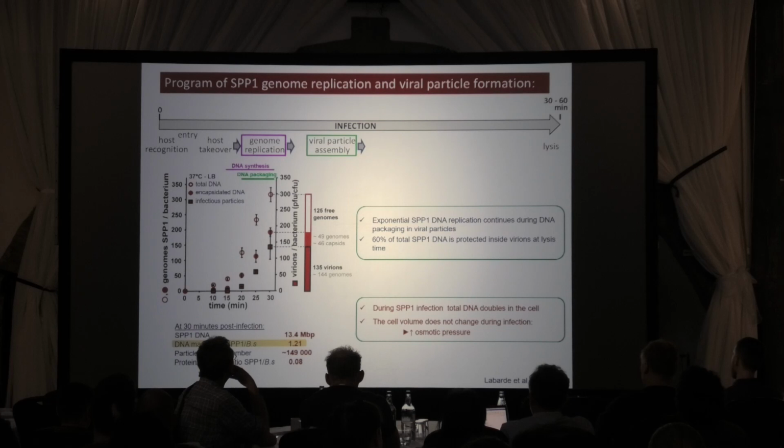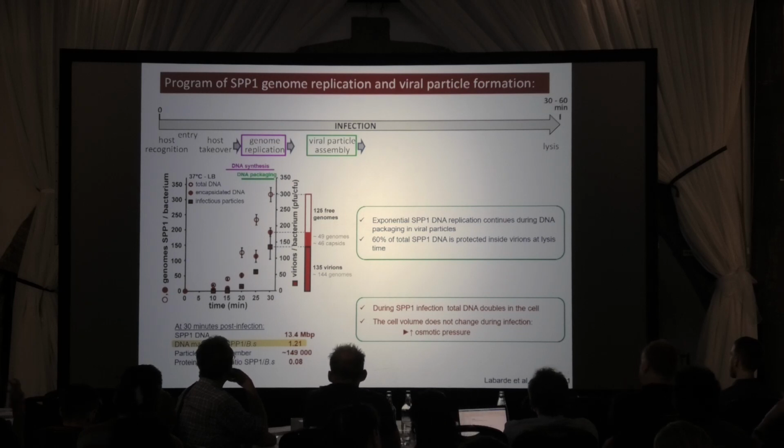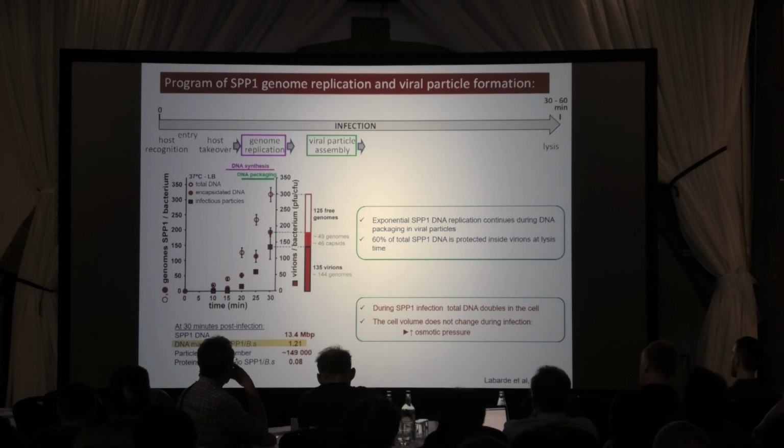When we look at what's going on in terms of DNA synthesis, this is the major biosynthetic challenge which the cell is exposed to, as we synthesize around 13.4 megabase pairs of DNA within something like 15 minutes. This is a much higher amount of DNA, proportionally to what we have in the cell, since SPP1 does not destroy the bacterial DNA, than the amount of viral proteins that we synthesize relative to the total number of proteins in a cell.